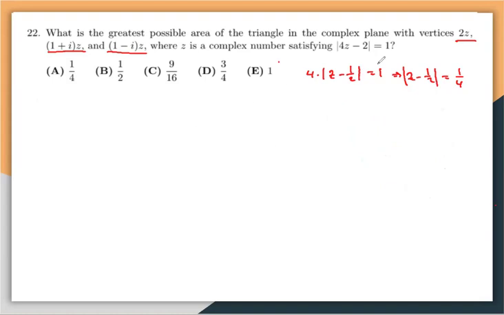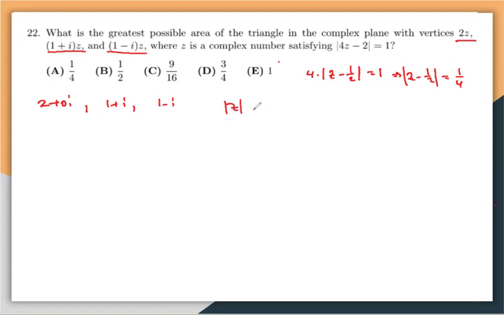We do have the 2 times z, 1 plus iz, 1 minus iz. So we are basically going to scale the points: 2 plus 0i, and then 1 plus i, 1 minus i. So we are scaling these 3 points by z. When you scale by z, you multiply all the sides by the magnitude of z.